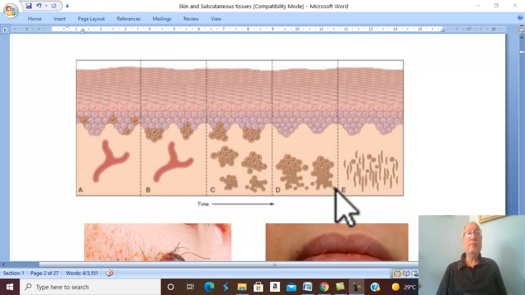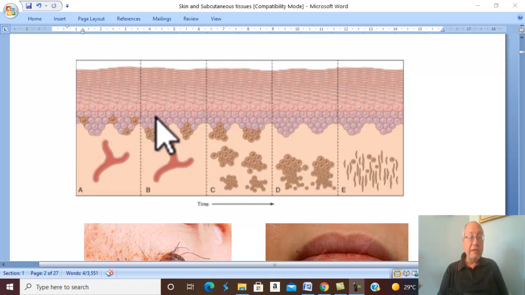First of all, this is the normal skin. The normal skin consists of epidermis and dermis. In normal skin, melanocytes appear as clear cells in between the basal layer of the epidermis.